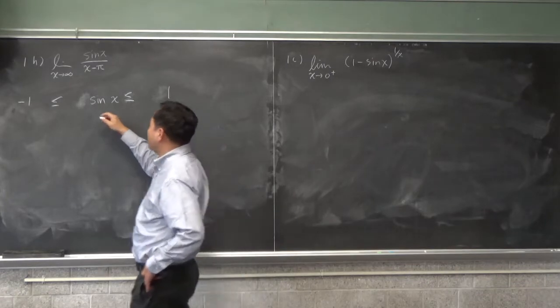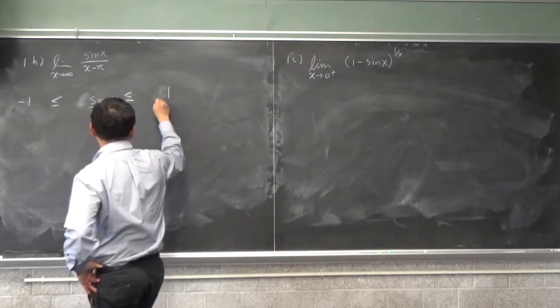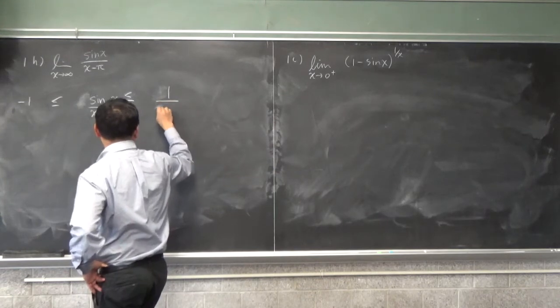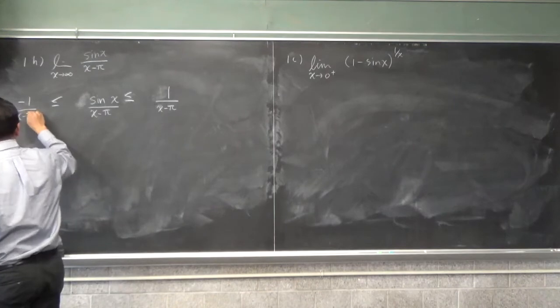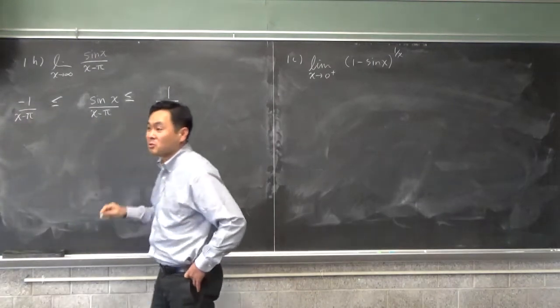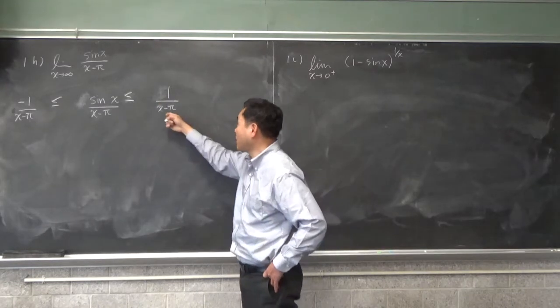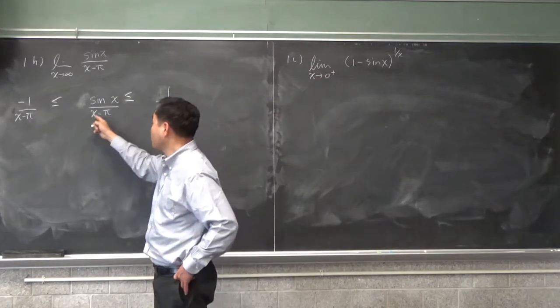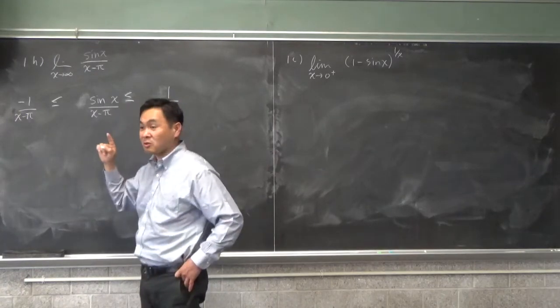And therefore, if I divide all of these by x minus pi, while dividing by a negative number requires flipping the inequality, because we are sending x to infinity, x would be a very big number. So we're really dividing by a positive number, so there is no need to flip the inequalities.